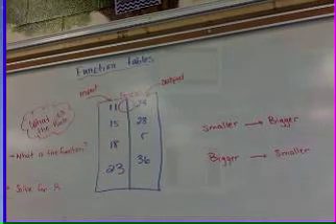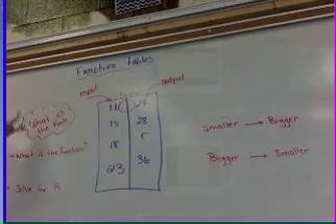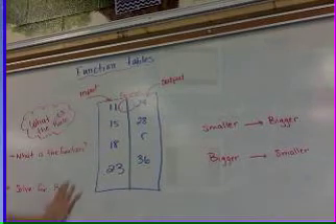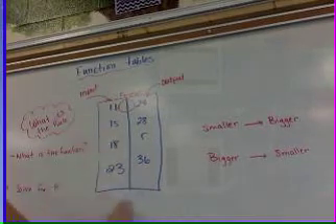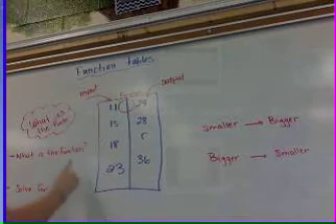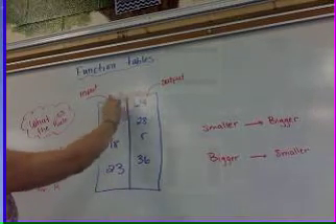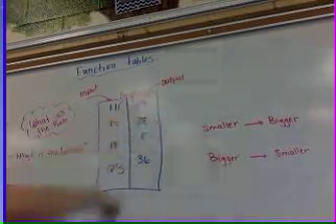Looks a lot similar to what you've been doing so far. So what we're doing is we're trying to figure out what is the rule. So in your notebook, what I want you to do is just kind of draw out this table. Make sure you have the input, the function, and the output.